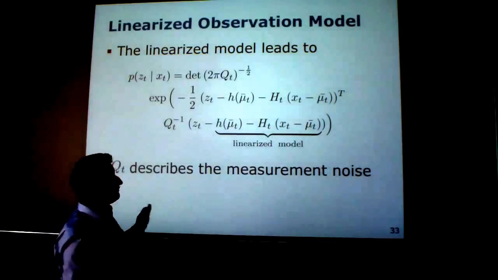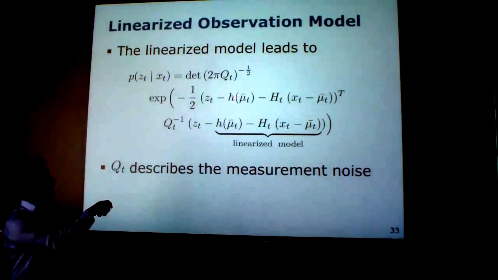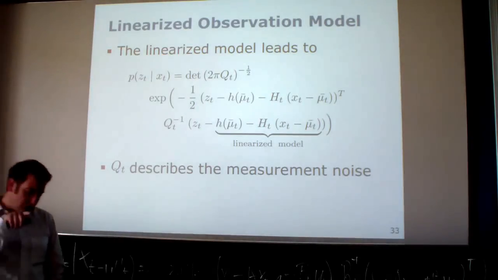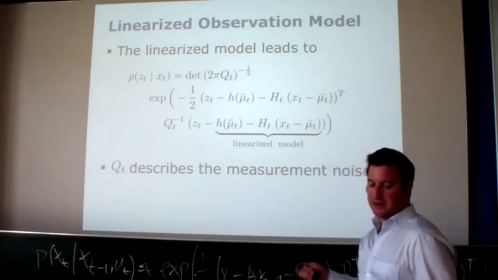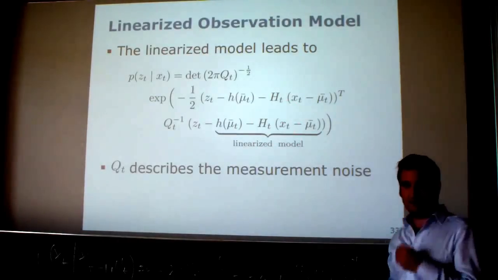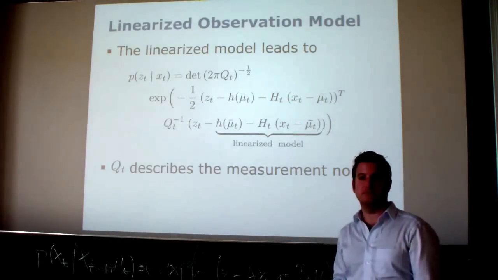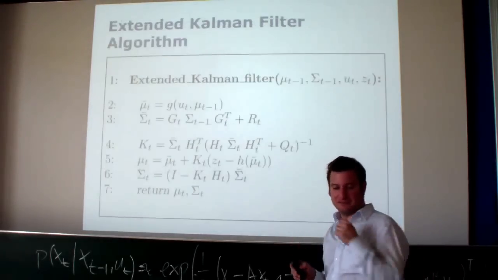I can do exactly the same for the observation model. Here I replace my C times mu bar_t, which is my linear prediction, using the linearized version of my nonlinear function. And then again I have a linear update. That's it. I'm more or less done.